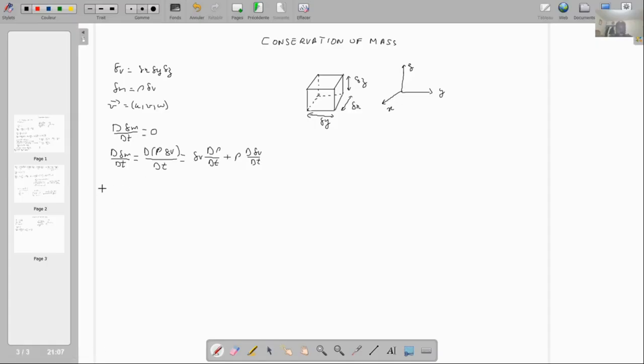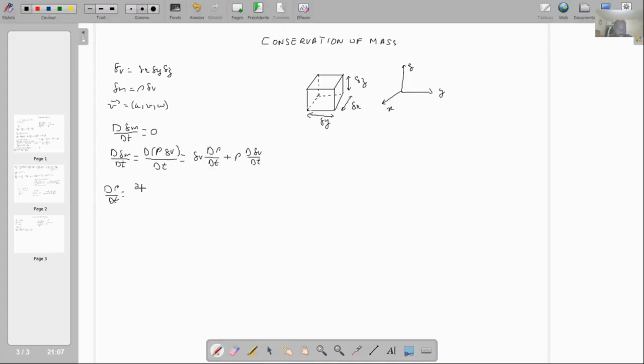So d rho over dt equals the local derivative plus the convective term.